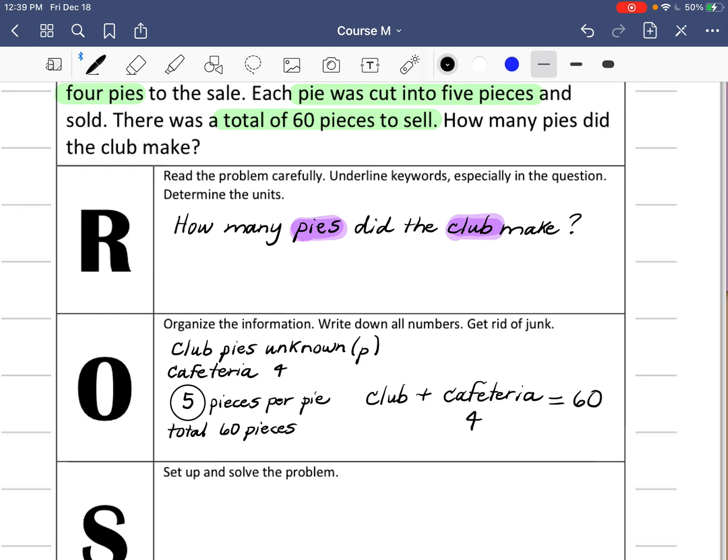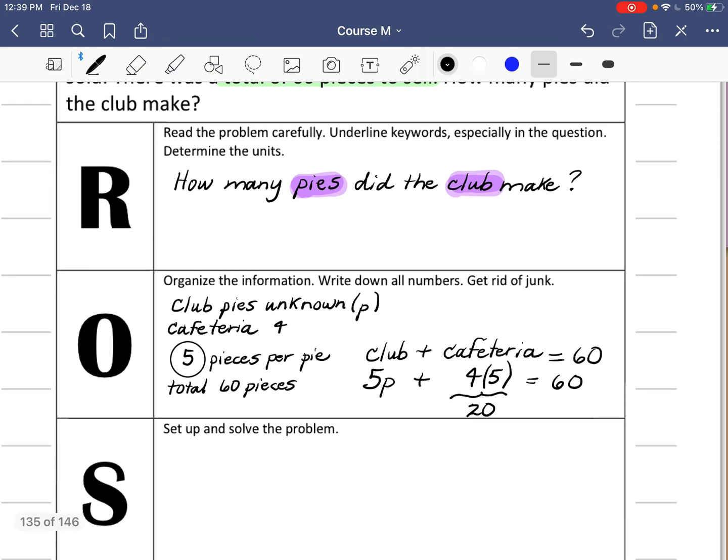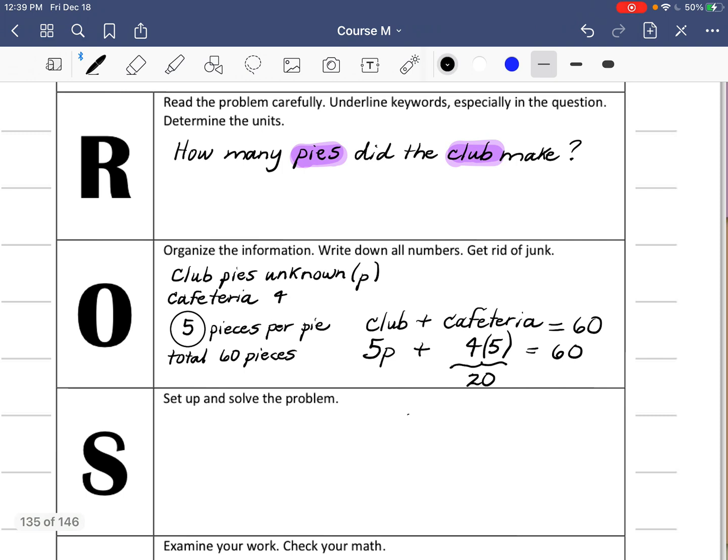We know that the cafeteria made 4 pies and each pie had 5 pieces. And we know that the club's pies, each pie had 5 pieces, but we don't know how many pies there were. So here's the equation that you and I need to solve. And before I do that, I'm going to go ahead and simplify that down a little bit more. So we're going to say 5p plus 20 equals 60.